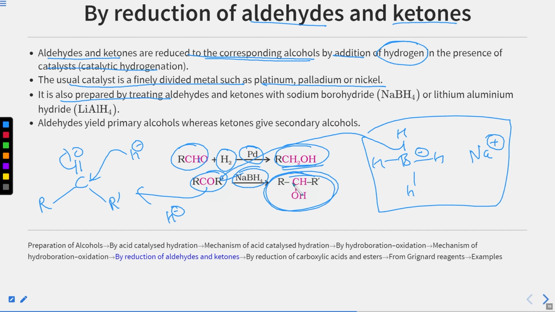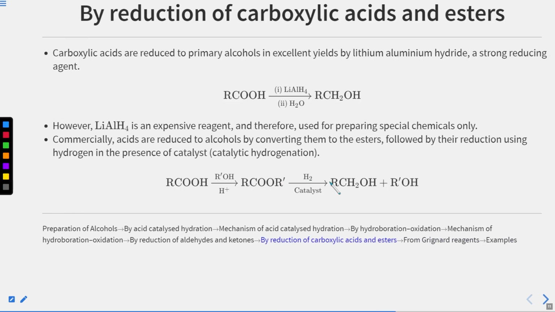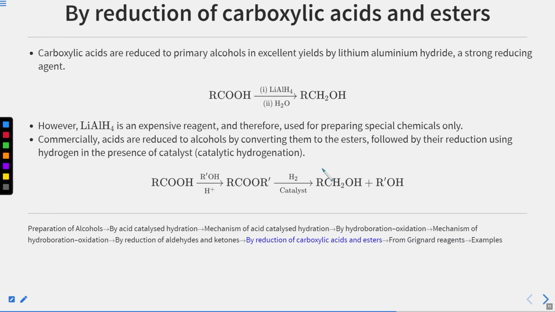You can also remember that aldehyde results in the production of primary alcohol and ketone results in the production of secondary alcohol. Clear? Next, we can reduce carboxylic acid and ester, both, to get our alcohol.